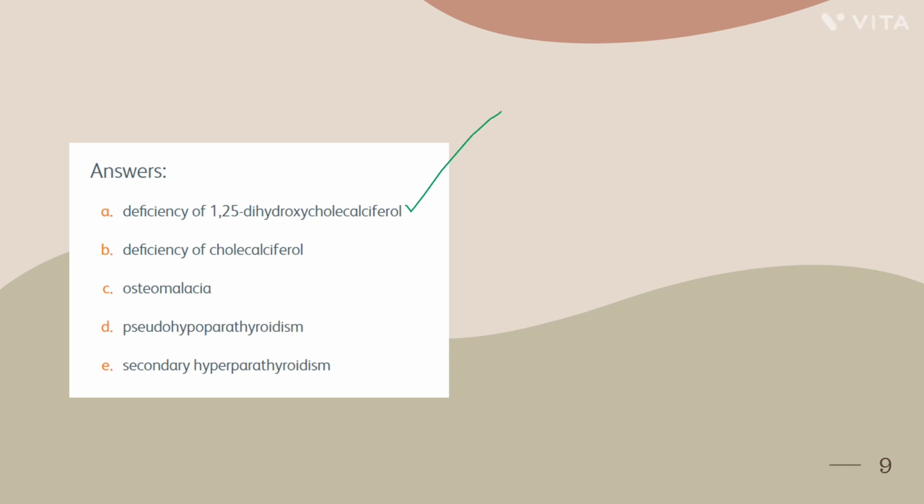Osteomalacia, it is again vitamin D deficiency, and it is happening in adults. But here in this context, due to renal disease, it's a deficiency of 1,25 dihydroxycholecalciferol. Pseudohyperparathyroidism, no. Secondary hyperparathyroidism, no.